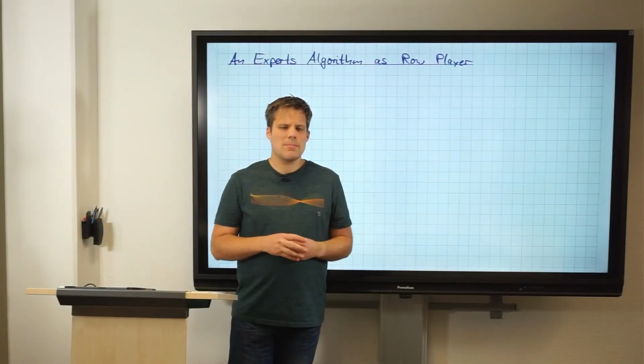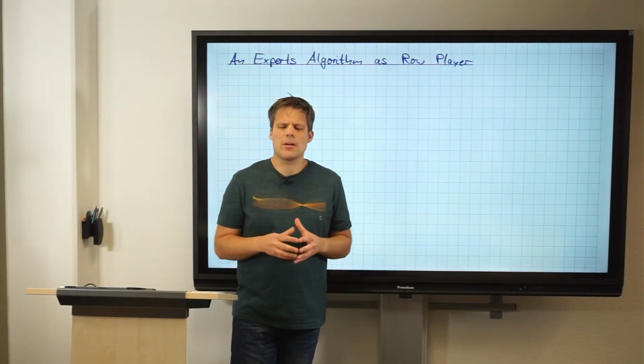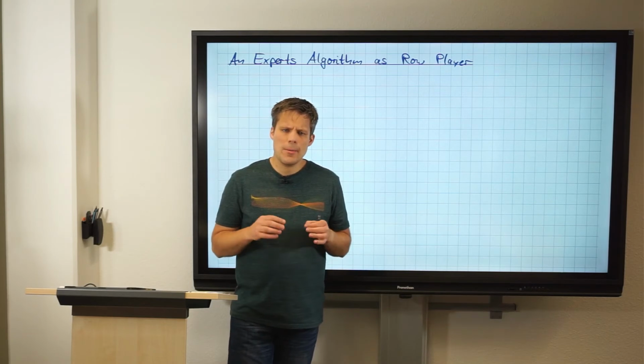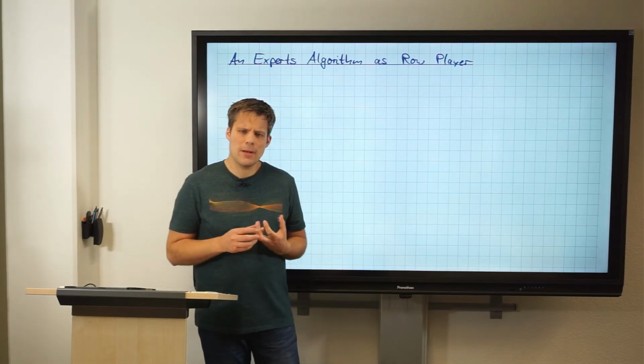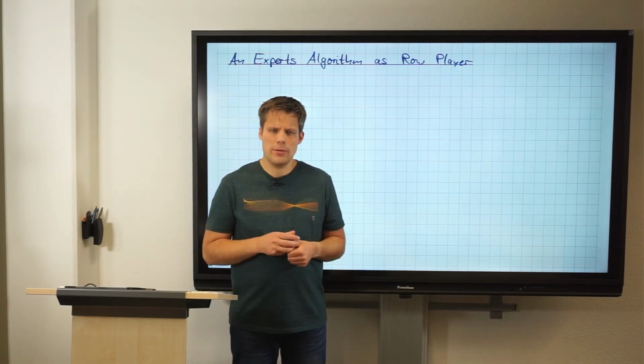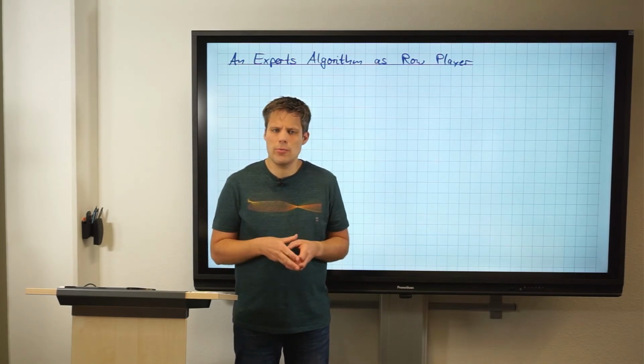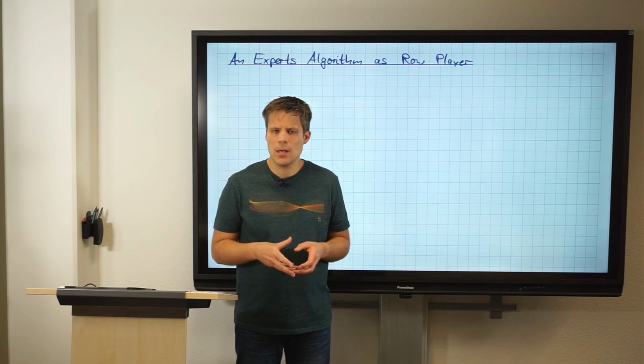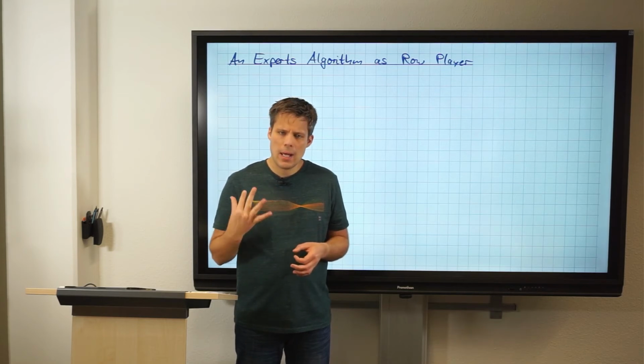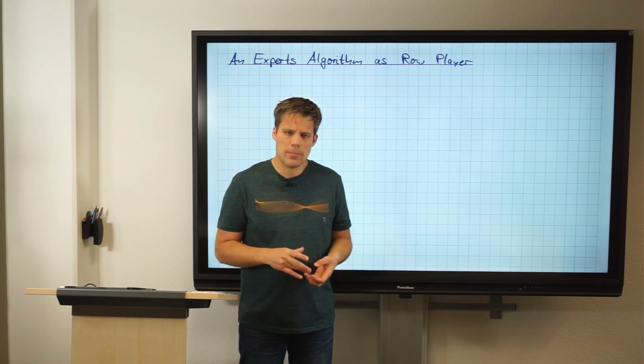So how do we now prove this difficult part of our theorem? What we will do is devise a strategy for the row player, which is based on a no-regret algorithm, on an algorithm which fulfills the no-regret property.